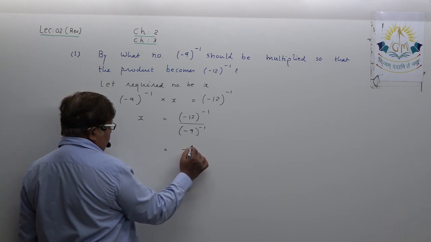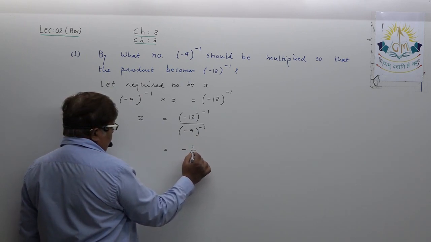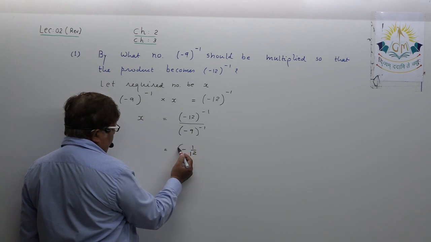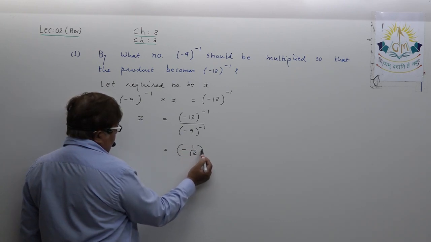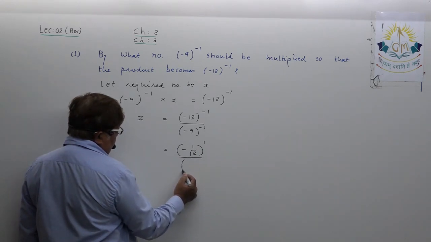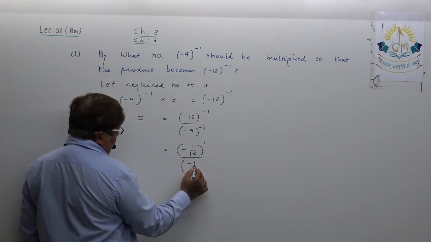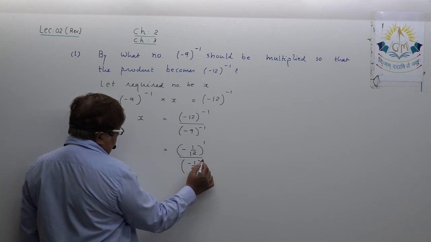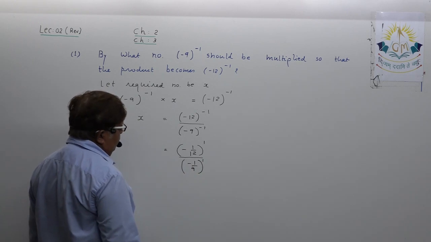So I get minus 1 upon 12 raised to 1, here minus 1 upon 9 also raised to 1.